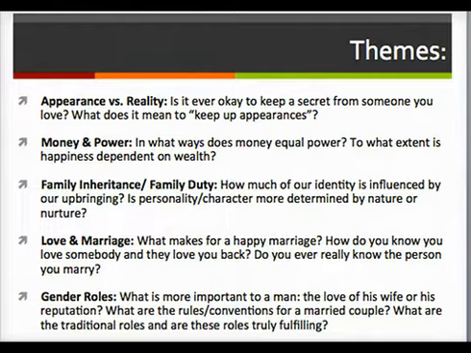And we also have the theme of family inheritance and family duty. So there's this idea of, how much is our identity influenced by our upbringing? How much are we like our parents? Do they really have an effect on who we are and how our personality is formed? So there's this question of whether Nora is like her father, or whether the children will grow up to be like Nora, and how much similarity there is between a family and the personalities that run in a family.